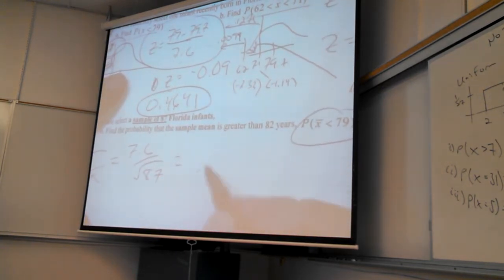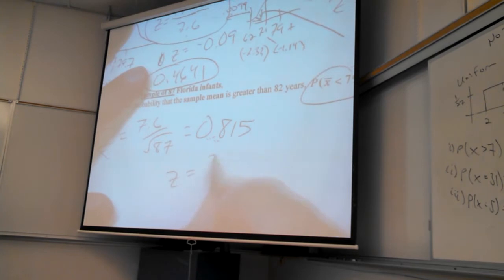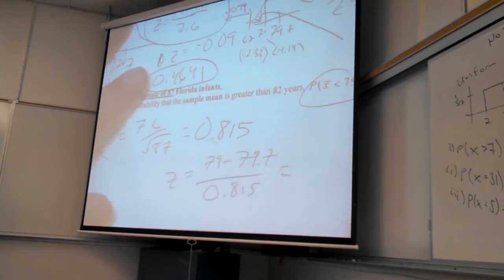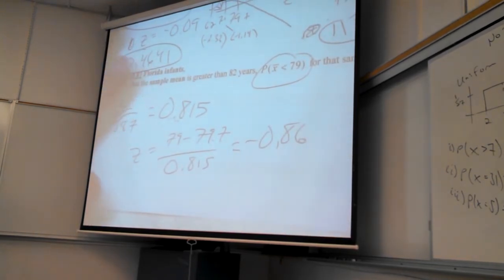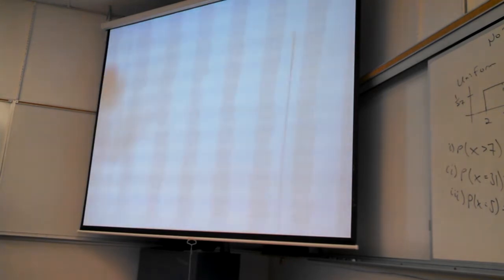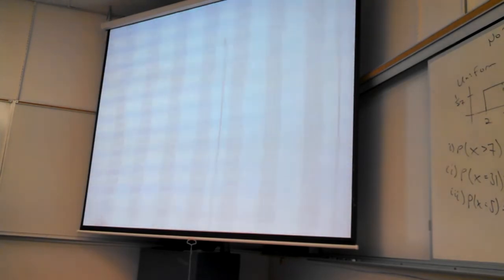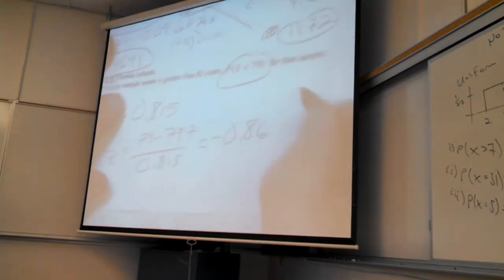What is 7.6 divided by the square root of 87? 0.815? Yeah. And then your z-score formula looks the same. 0.815, and then you get negative 0.86. And then I looked it up just to complete this. 0.86. 0.1949. Good old 1949.